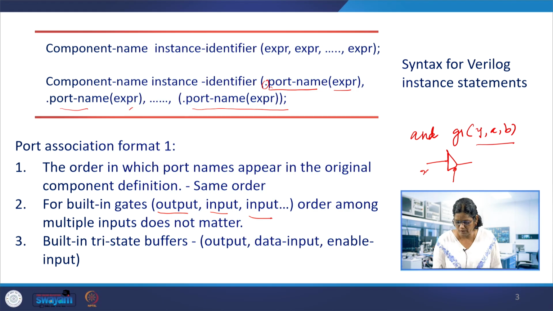So this X is the data input, this is Y, and this is considered to be an enable input E. When you instantiate this type of component, the order is output, which is Y, then the data input, which is X, and the enable input, which is E. So the instantiation of this component should be in this order: output, data input and enable input. This is for format 1. All built-in gates follow format 1 of port association.